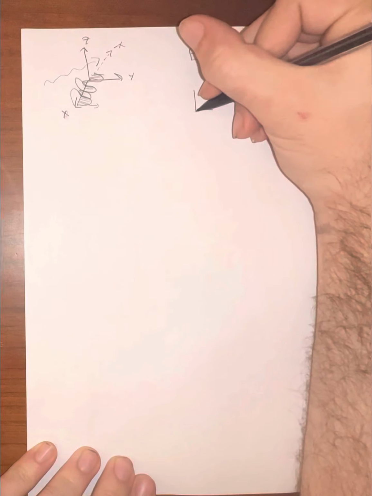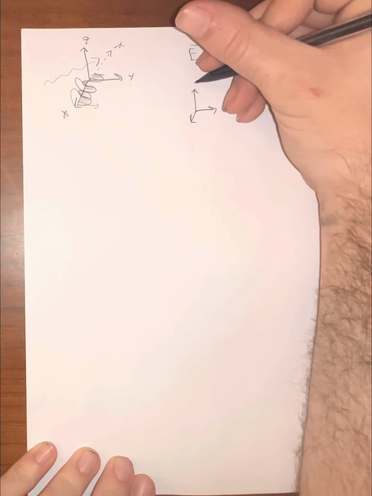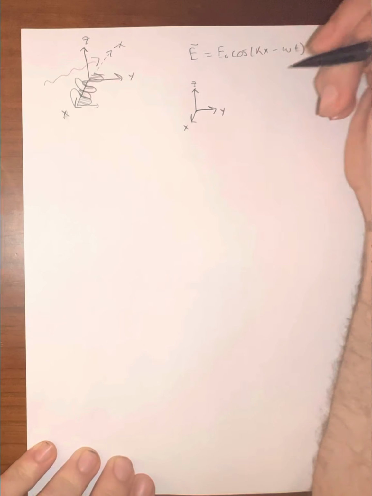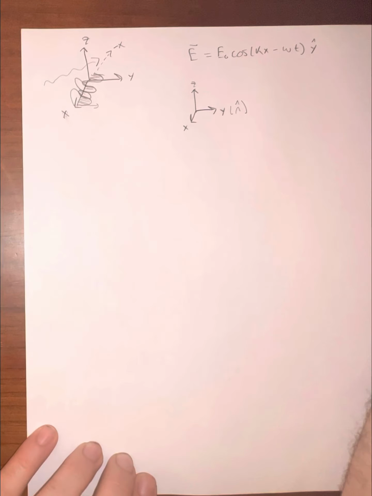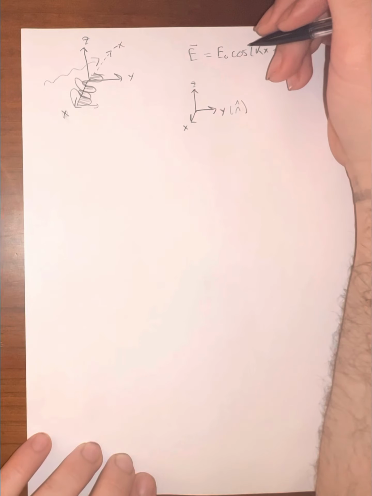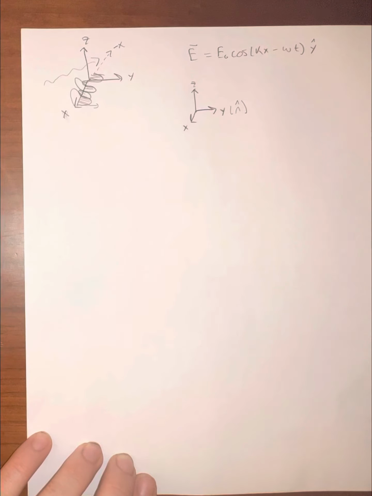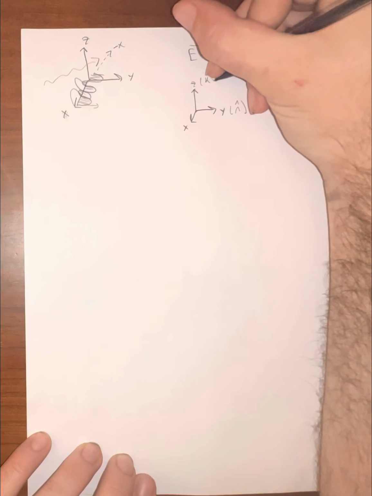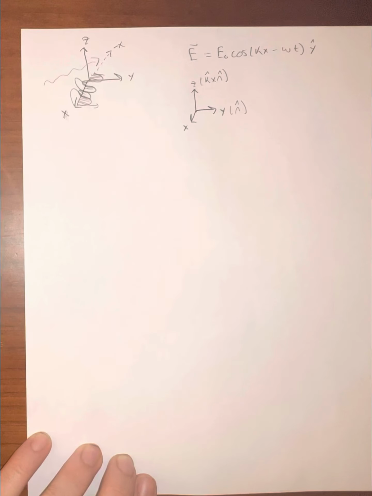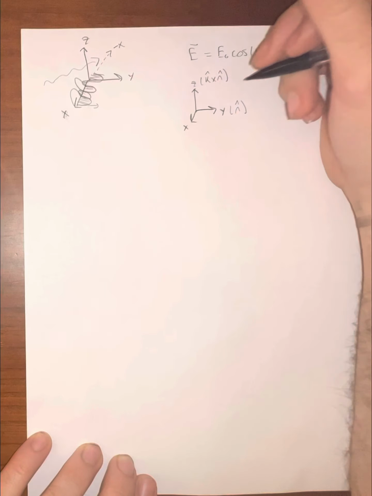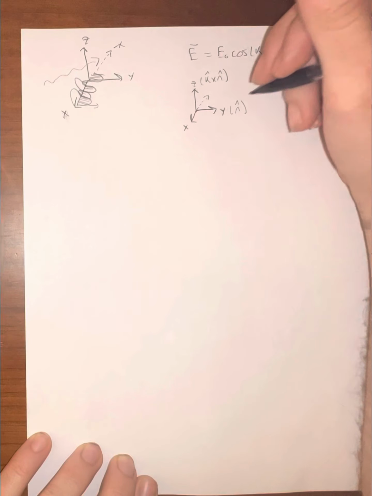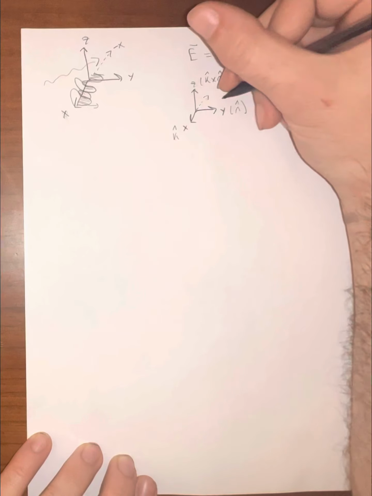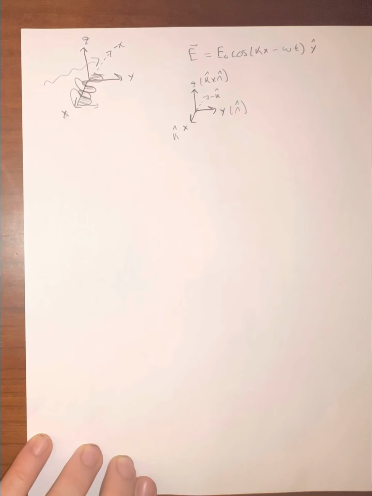Because if we have z, x, y, and then y is just the electric field polarization, and then the B field direction is just k hat cross n hat, then that means that we're going to have propagation along the negative x direction. So this is k hat, and that's negative k hat, and that'll be our propagation.